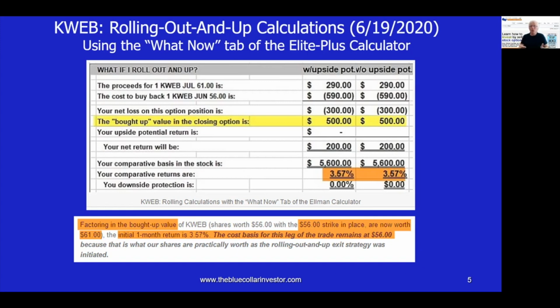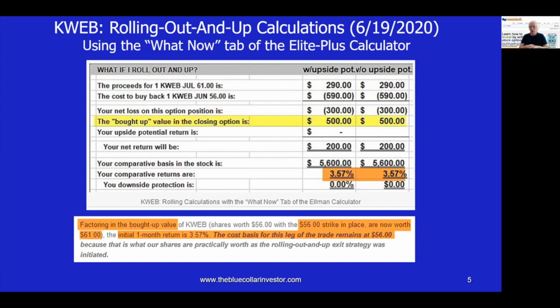Because had we not rolled it out and up, that is precisely how much money we would receive if we allowed exercise. And we rolled it out and up, and that would then give us an initial time value return when factoring in the bought up value of the stock, because the stock is no longer worth 56.